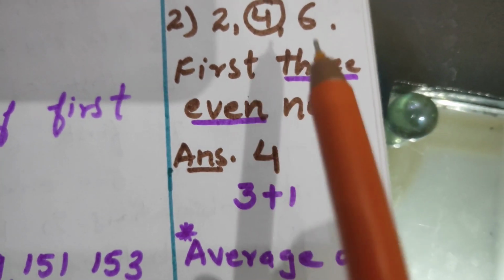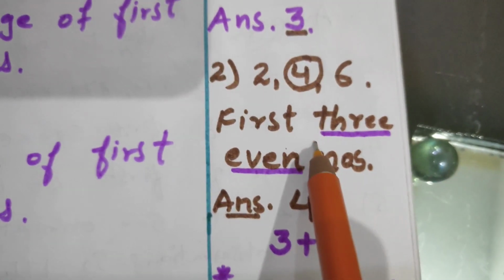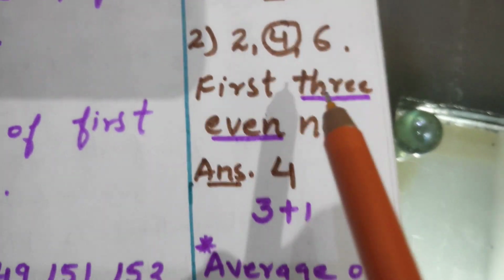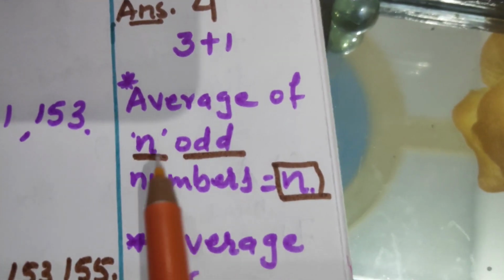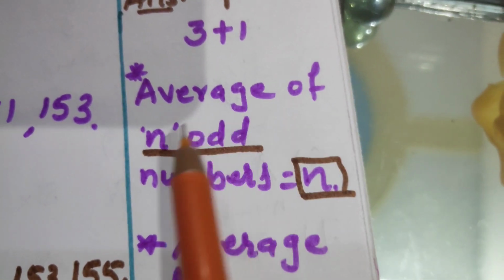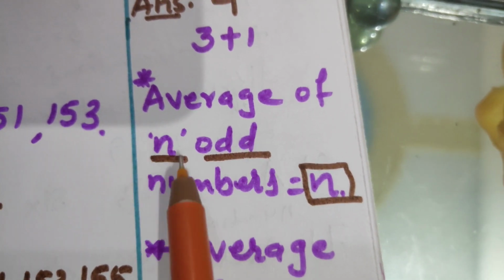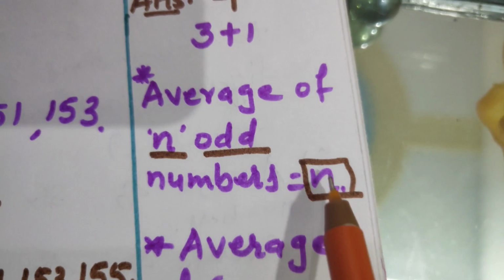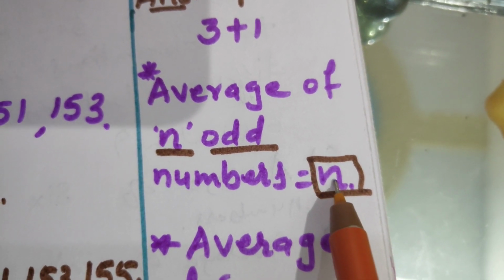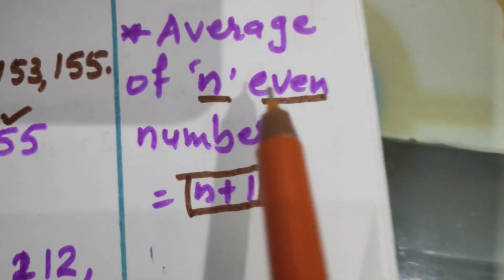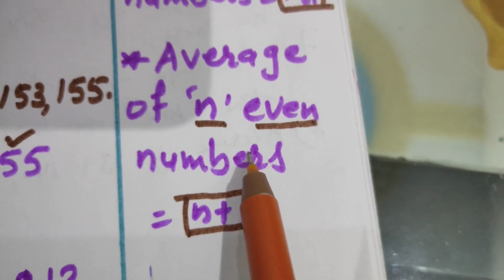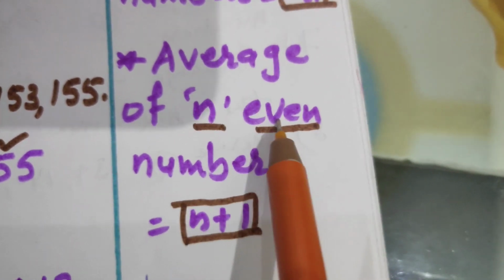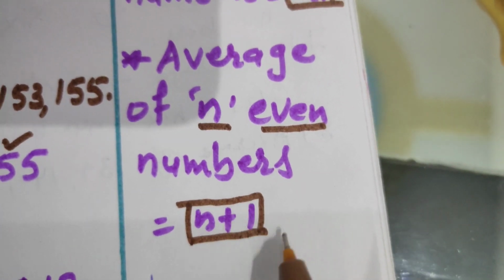And from these 2 examples, the conclusion I have derived is that whenever I need to find average of n odd numbers, n can be any number, 3, 4, 5, the same will be my answer for average also. And average of n even numbers, if the numbers are even, then n plus 1 is my answer.